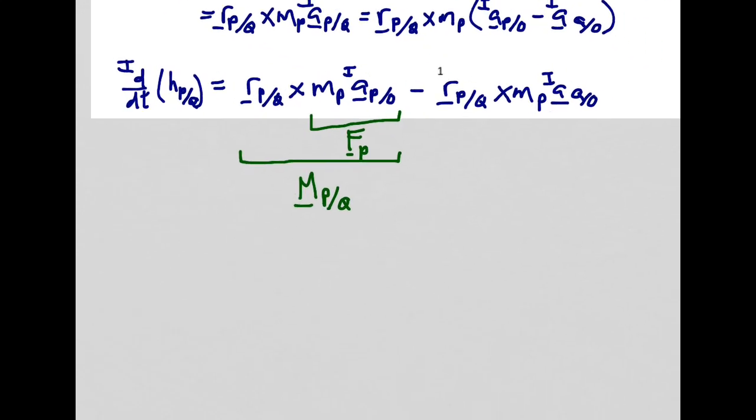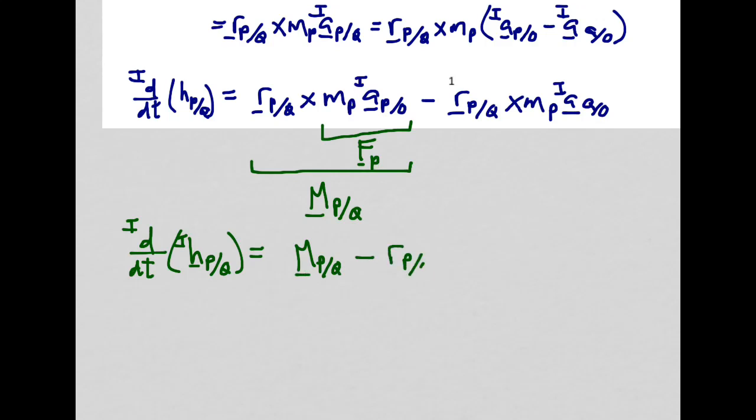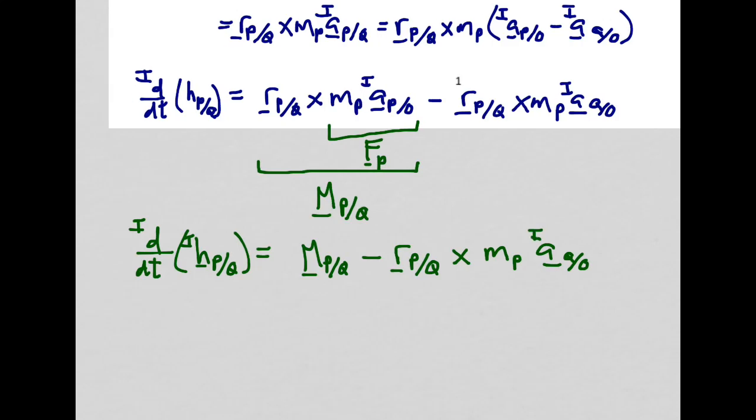So our final expression of Newton's second law in this generalized angular momentum form is the time differentiation as observed in the inertial reference frame of the angular momentum as observed in the inertial reference frame about point Q is equal to the moment of P about point Q minus r of P with respect to Q, that relative position vector, crossed with the mass times the acceleration of point Q as observed in the inertial reference frame.